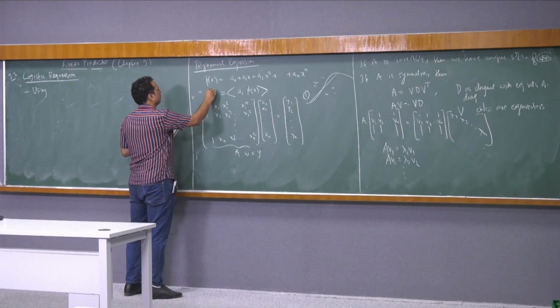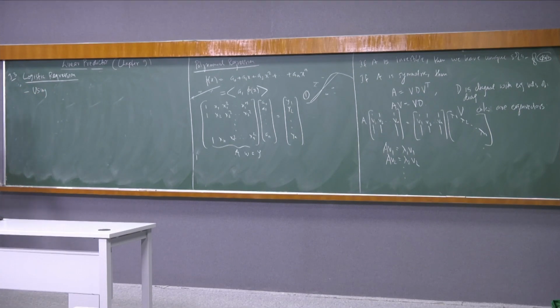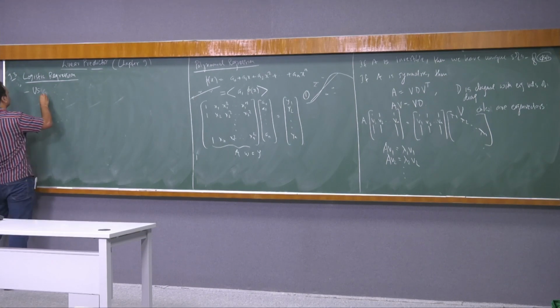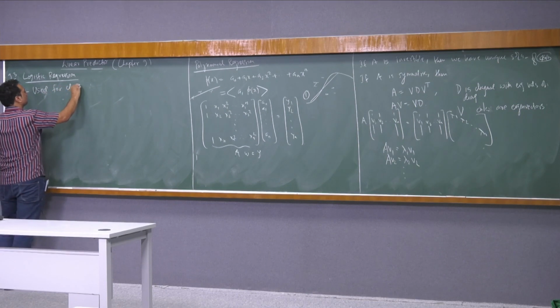This is a confusion point that usually happens. When people say regression, they talk about fitting data points, and when they call it logistic regression, it's actually classification, not data fitting. So let us see. This is used for classification.